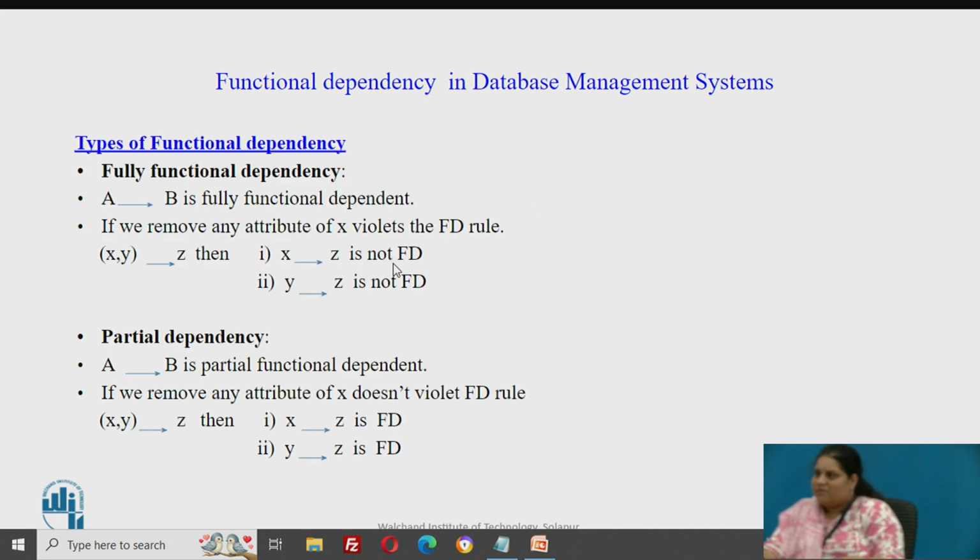Now, there are two types of functional dependency: fully functional dependency and partial functional dependency. In fully functional dependency, what happens?